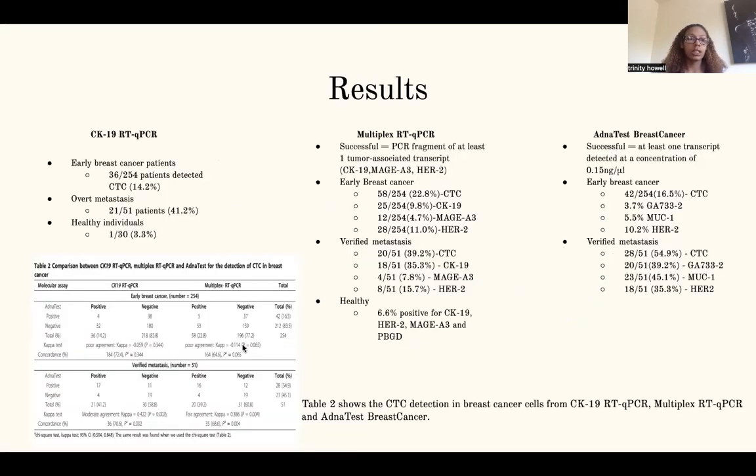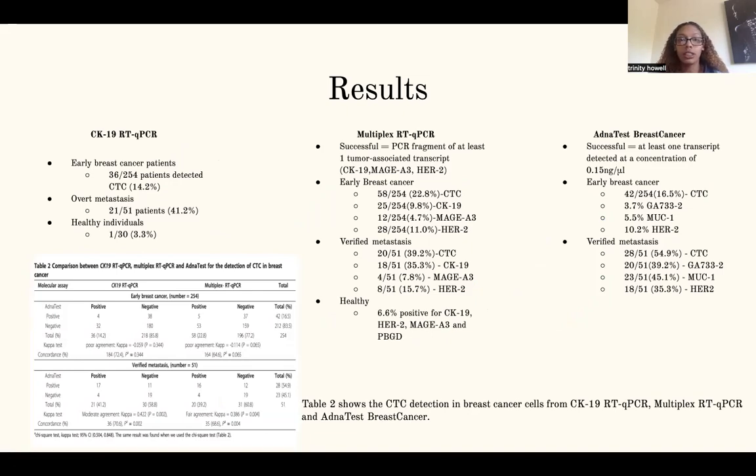So for the results, for the CK19 expression of RT-qPCR, 14.2% of early breast cancer patients detected CTC, 41.2% of the verified metastatic patients detected CTC, and 3.3% of the healthy individuals detected CTC.